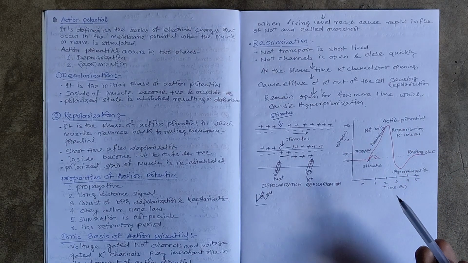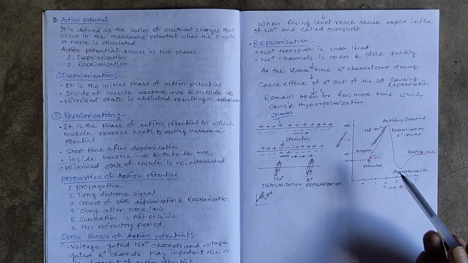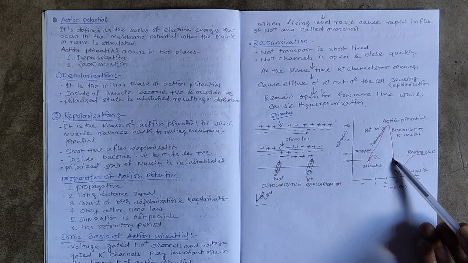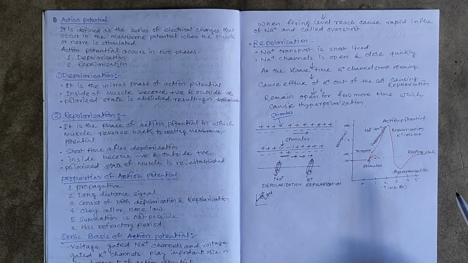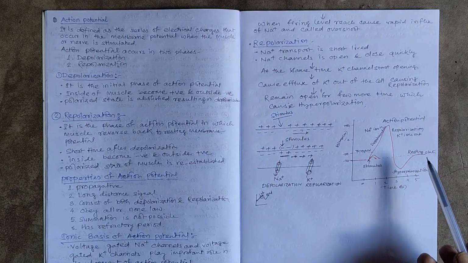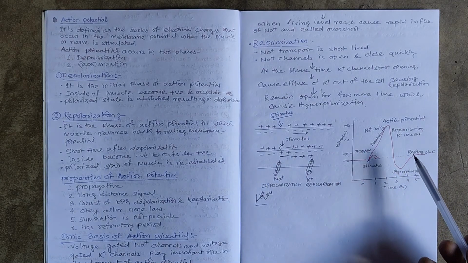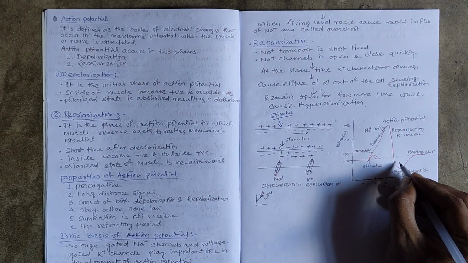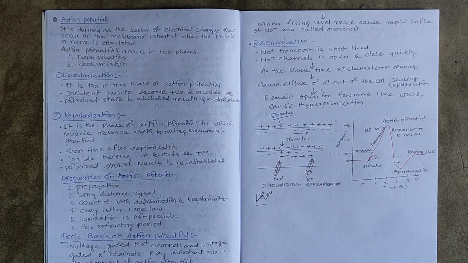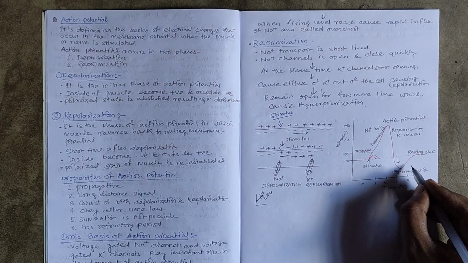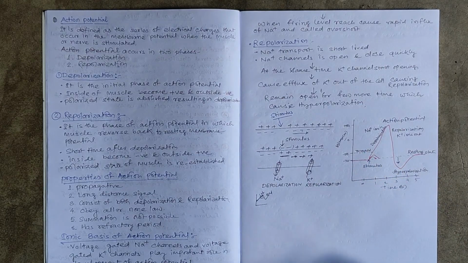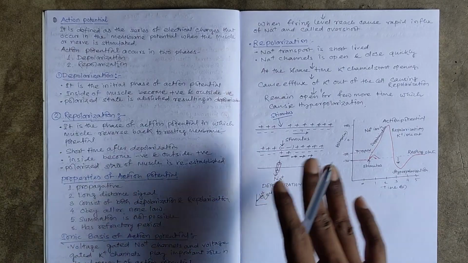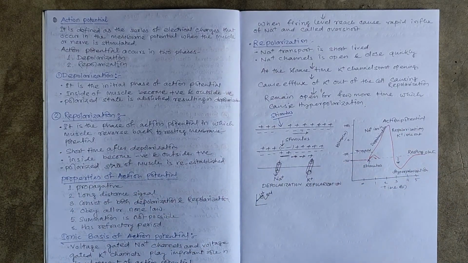The positive ions all go outside, then repolarization occurs, and after a little time we can see that it goes down below the baseline and the hyperpolarization state develops. After a little time, it again comes to the resting state and becomes the normal membrane potential. The resting membrane potential is restored after a while.